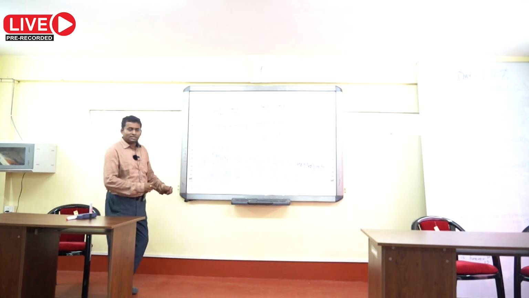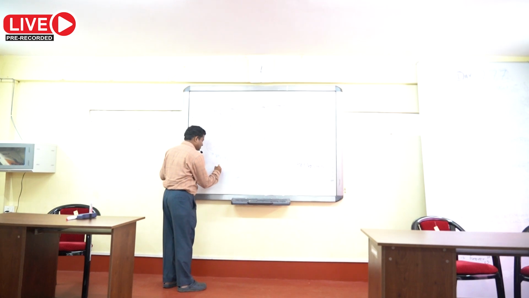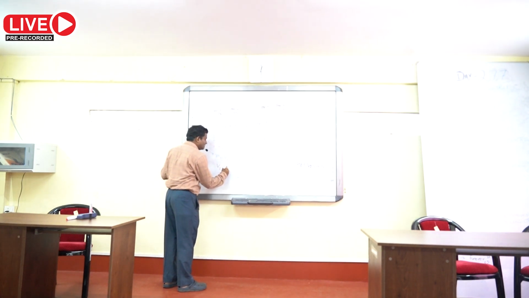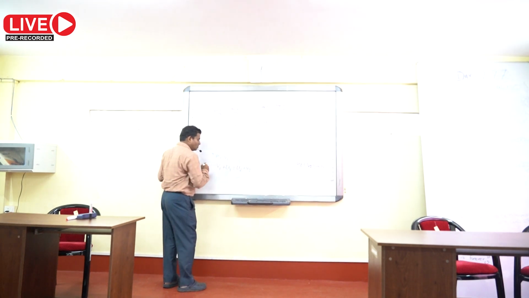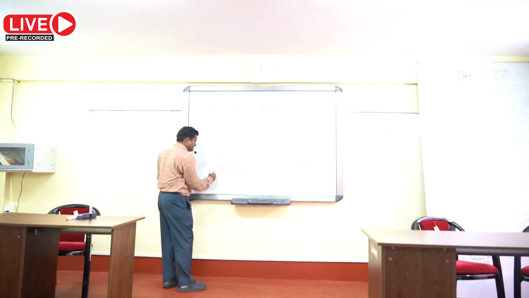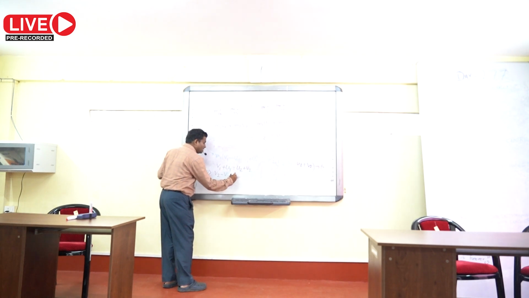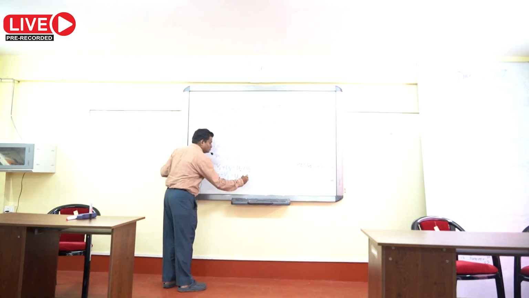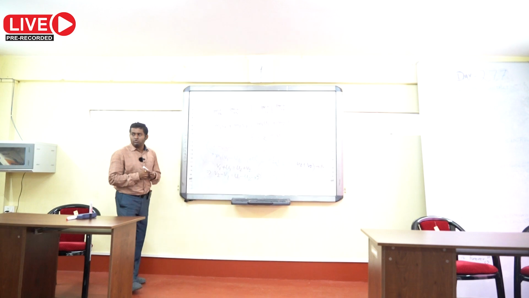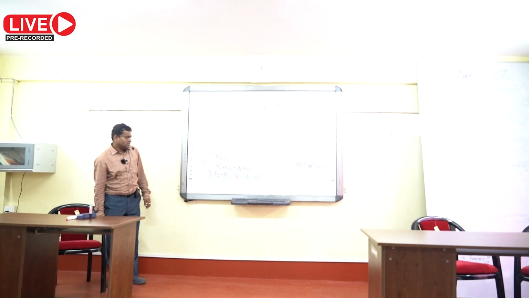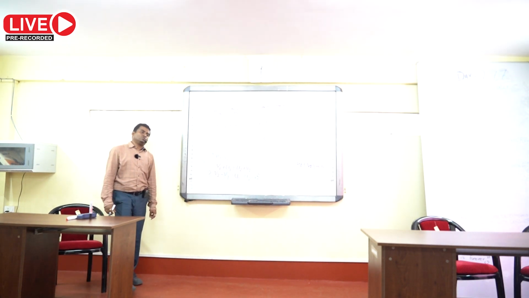Yes, you are getting V1 plus U1 equal to U2 plus V2. Now you write this one in this format: V2 minus V1 equal to U1 minus U2. Equation 5.